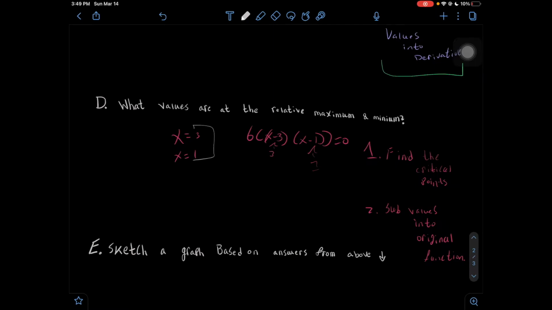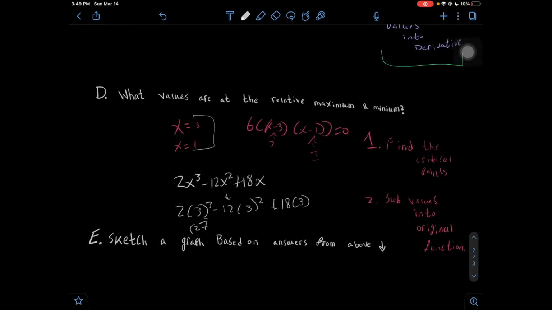So now we're going to substitute both of these values into our original function. And if you remember, our original function was 2x cubed minus 12x squared plus 18x. So now we're going to substitute in 3 first. So we have 2 times 3 cubed minus 12 times 3 squared plus 18 times 3. So we know that 3 cubed is 27. So we have 2 times 27 minus 3 squared is 9, 9 times 12 is 108, plus 18 times 3 is 54.